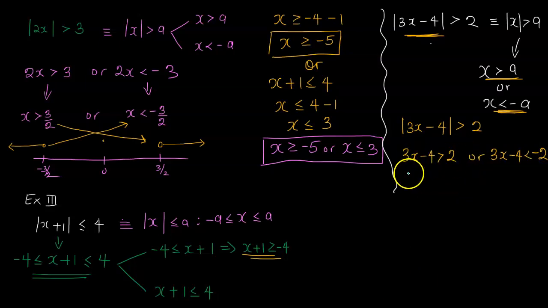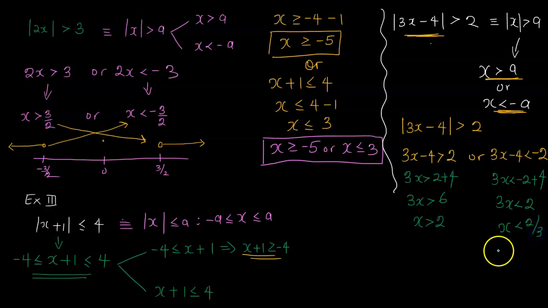Solving this one, we would have 3x greater than 2 plus 4, 3x greater than 6, and x is greater than 6 over 3, that's 2. The inequality symbol is not going to change. And here we have 3x less than negative 2 plus 4. This is 3x less than plus 2, and x is less than 2 over 3.